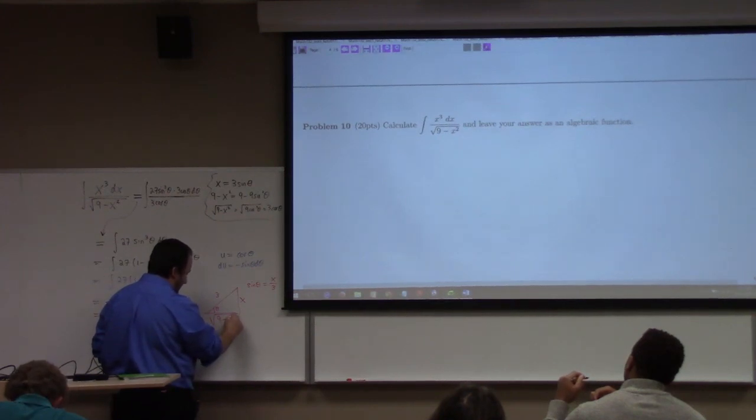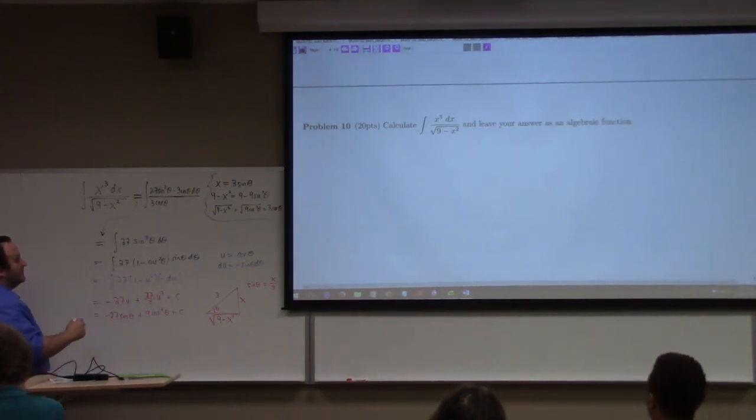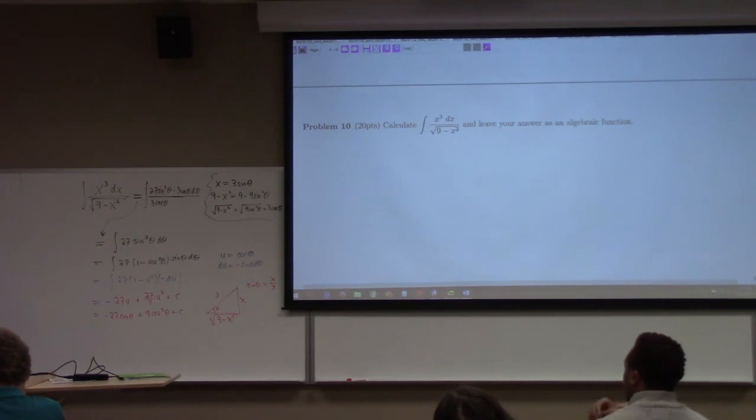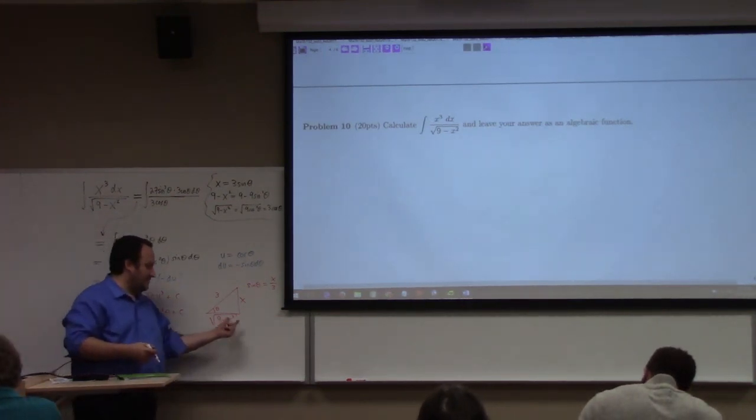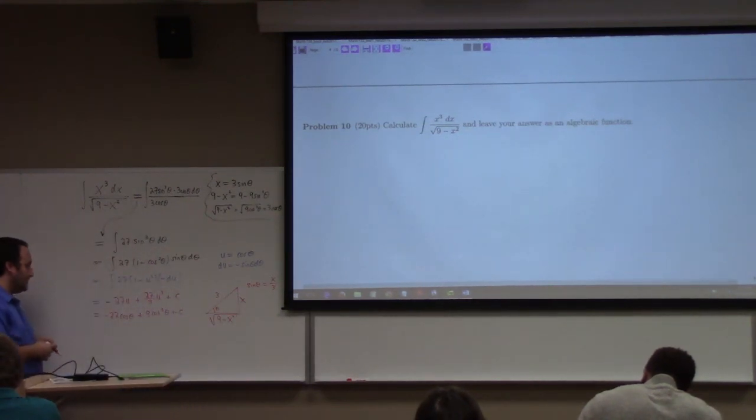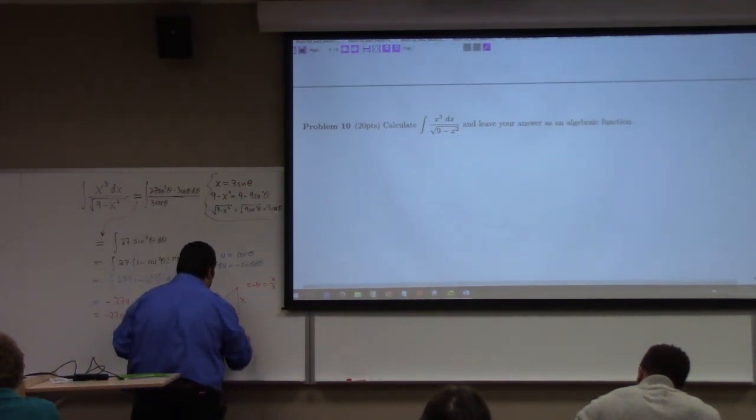Of course, that's not surprising. As a check, the adjacent side squared plus the opposite side squared gives back the hypotenuse squared. So from this triangle, it's apparent that cosine theta is what?